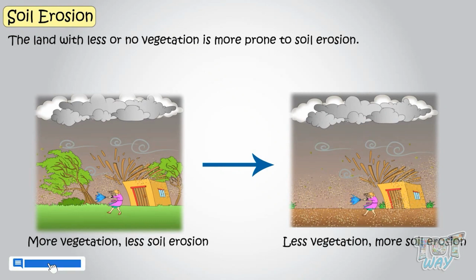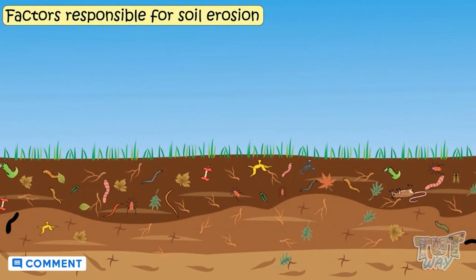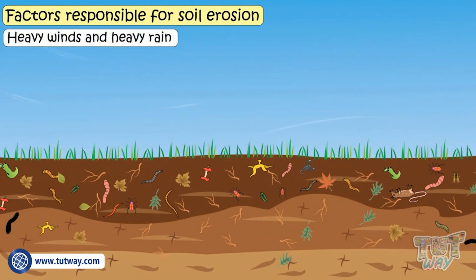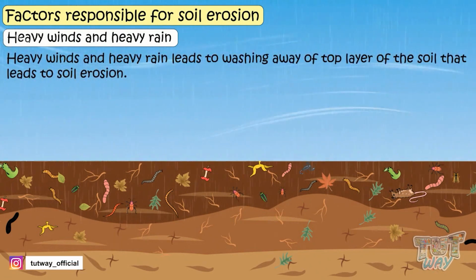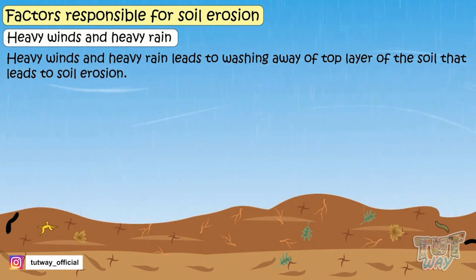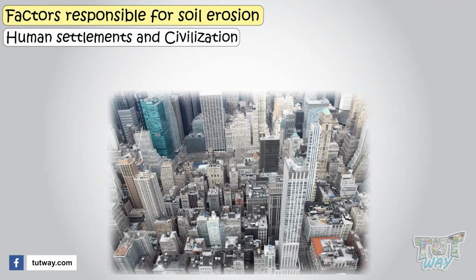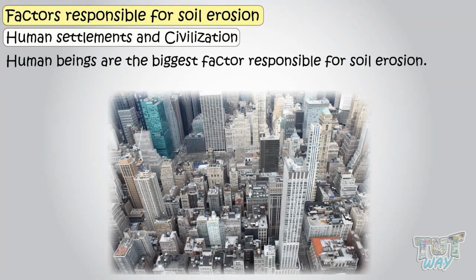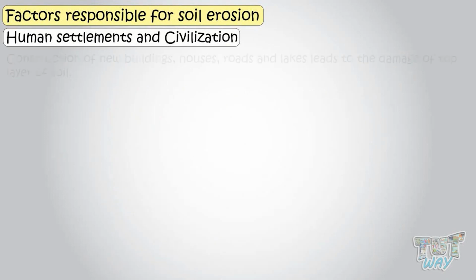Now let's learn some major factors responsible for soil erosion. Heavy winds and heavy rain lead to washing away of the top layer of soil. Human settlements and civilization. Humans, that is, we, are the biggest factor responsible for soil erosion.